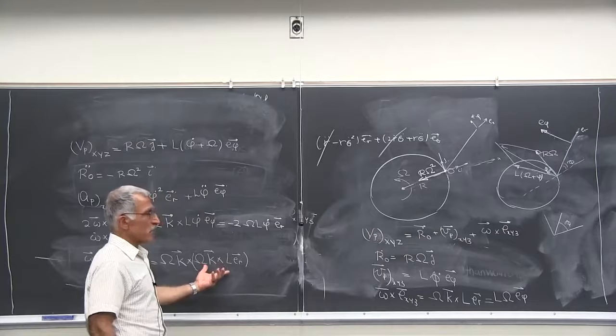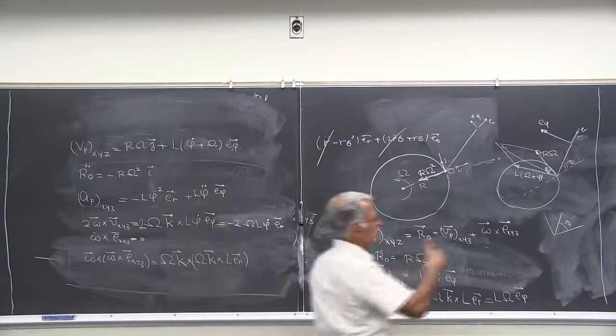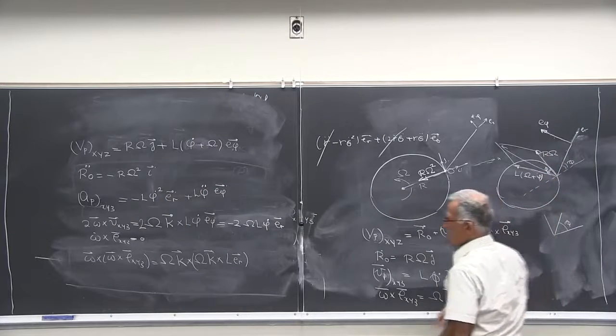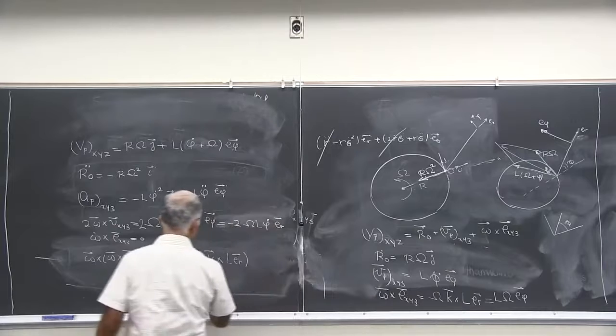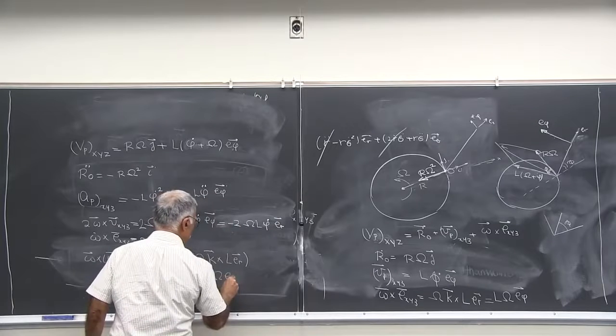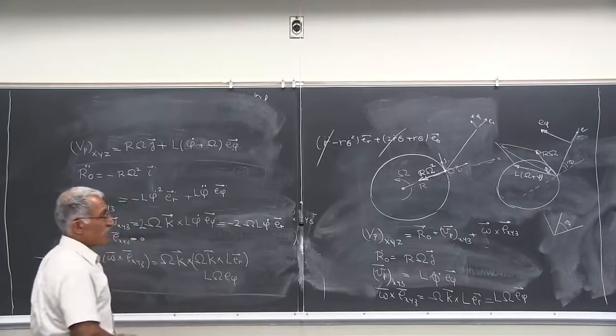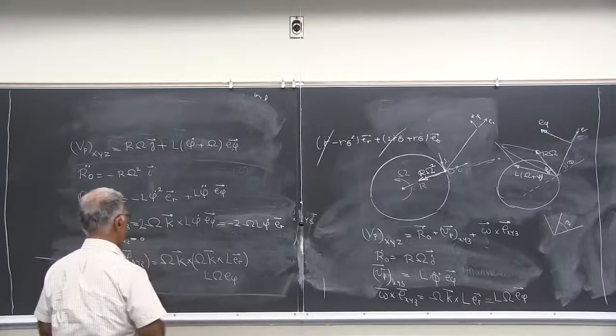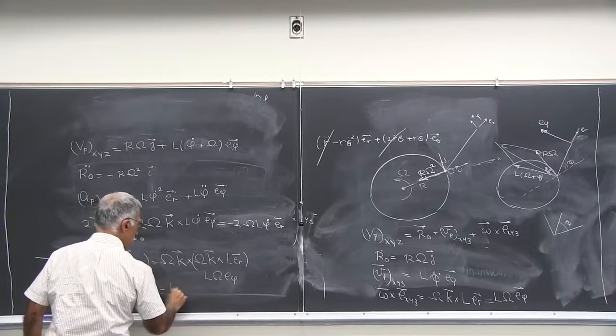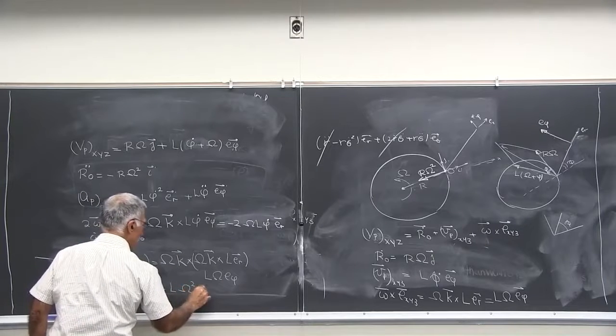So first you multiply k times ER. Again, k times ER is E phi. So this becomes L omega E phi. And k times E phi is minus ER. So this becomes minus L omega squared ER.